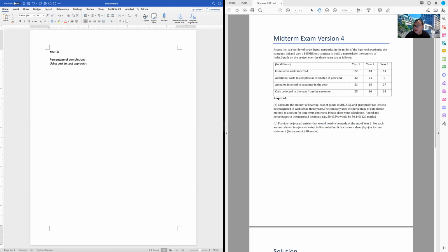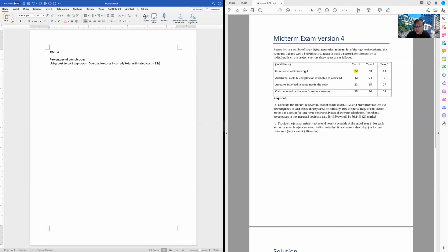What's the cost? The first is the cumulative cost incurred, divided by the total estimated cost. So that's the 2 cost numbers. For year 1, at the end of year 1, the cumulative cost is 22.